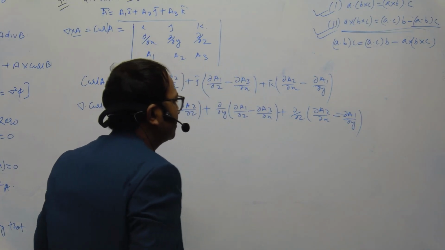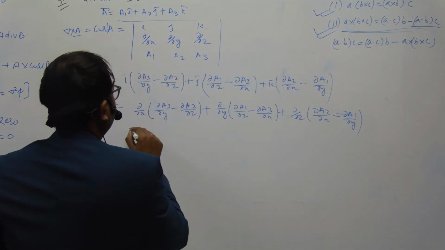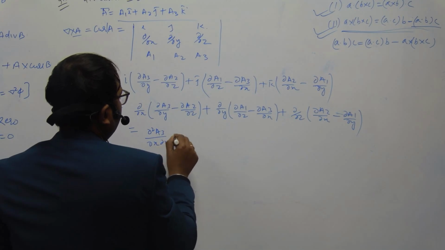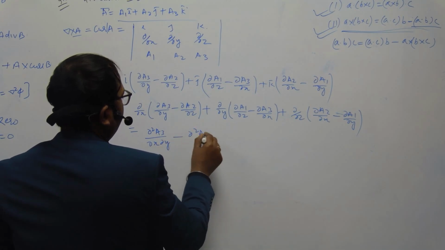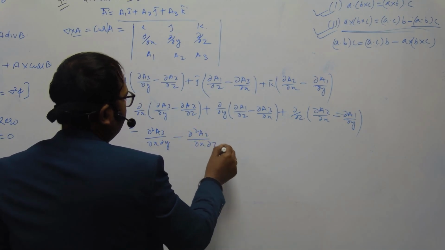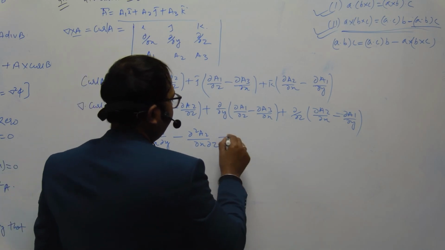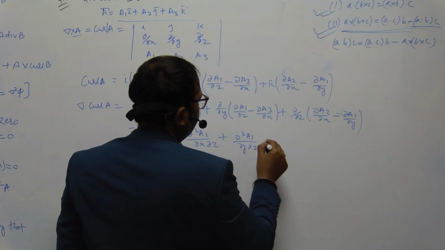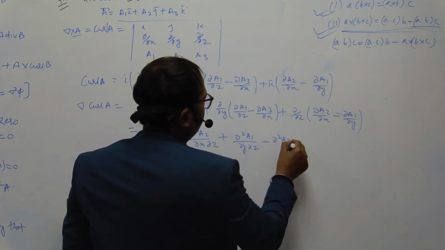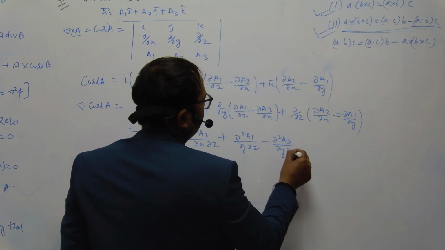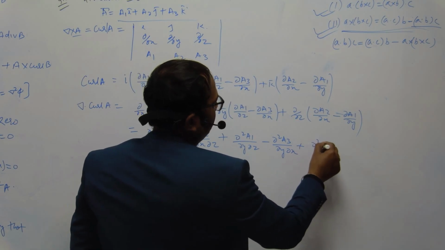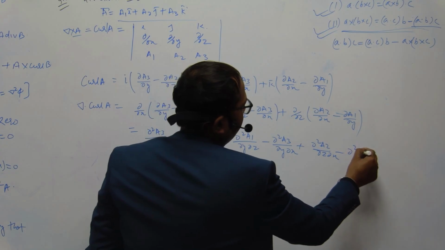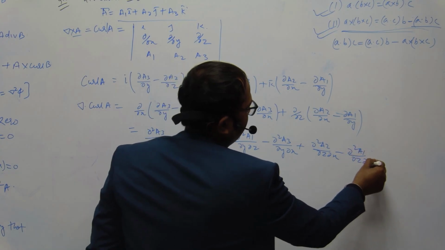Let us expand this. We have del 2 A3 upon del x del y minus del 2 A2 upon del x del z plus del 2 A1 upon del y del z minus del 2 A3 upon del y del x plus del 2 A2 upon del z del x minus del 2 A1 upon del z del y.